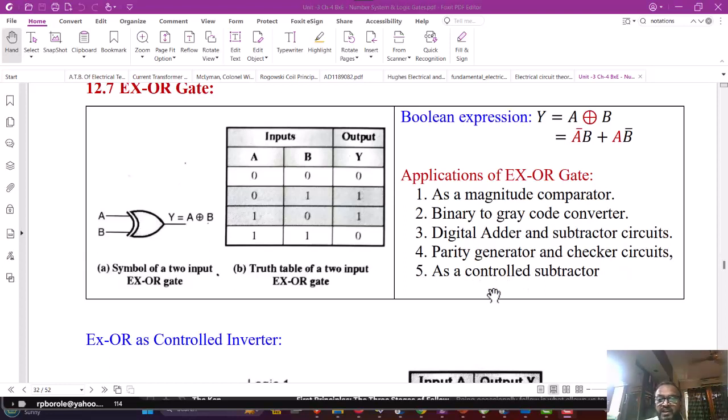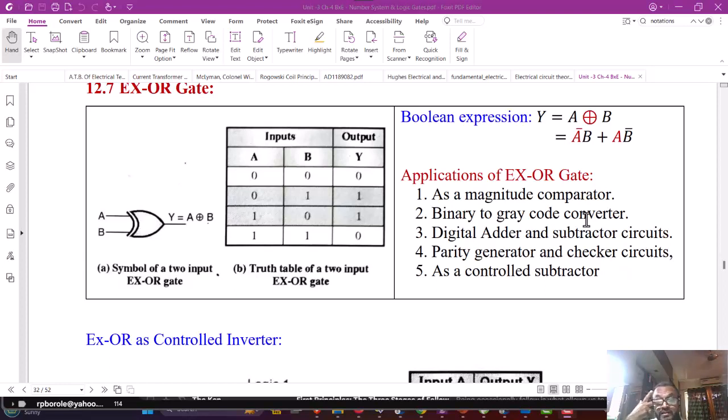The various applications of exclusive OR gates are as follows. It can be used as a magnitude comparator or bit comparator. When bits are similar, the output will be 0. When bits are dissimilar, the output will be 1. It can be used in a binary to gray code converter that you will study in the digital electronics subject.